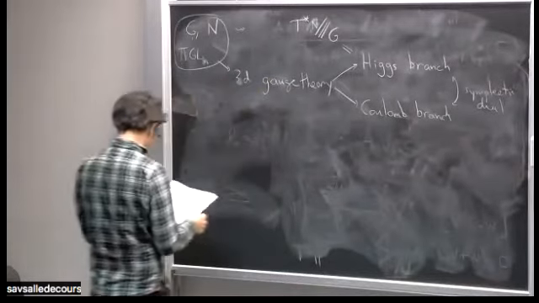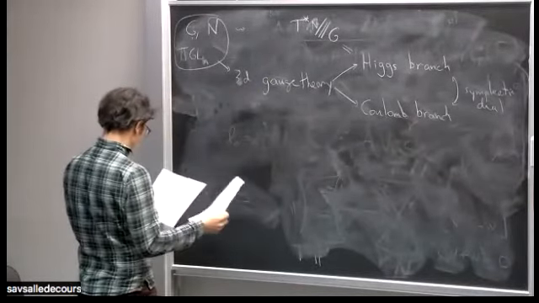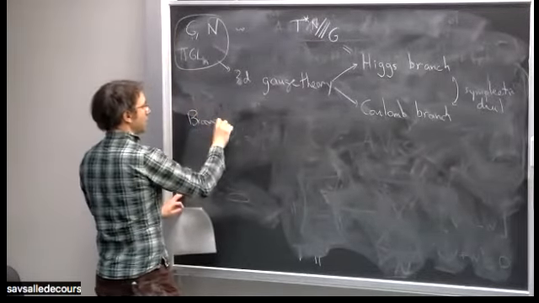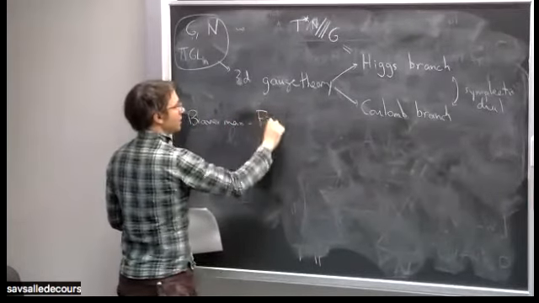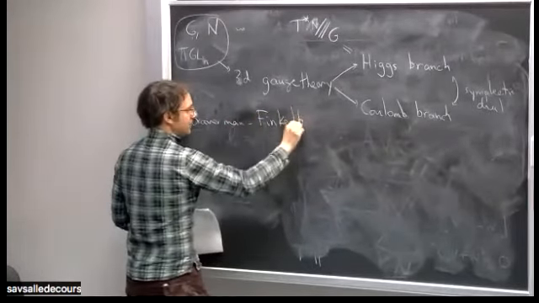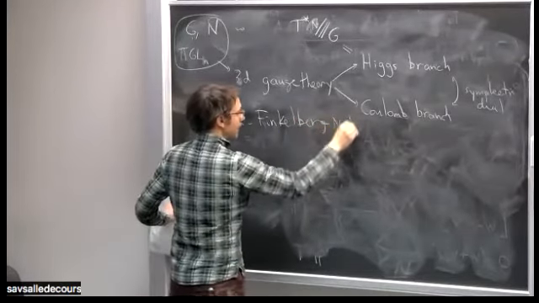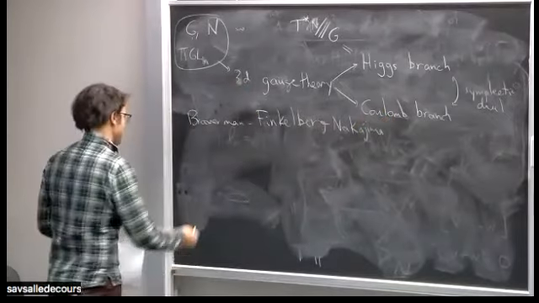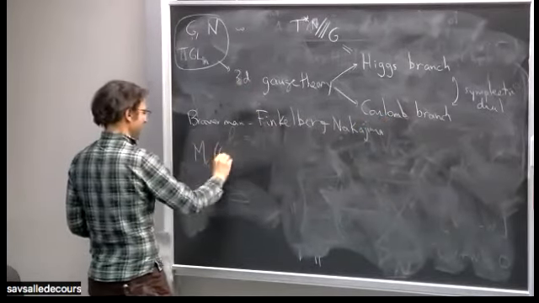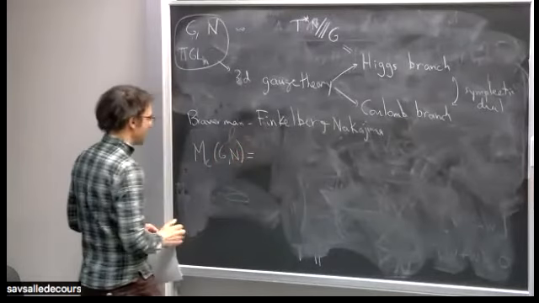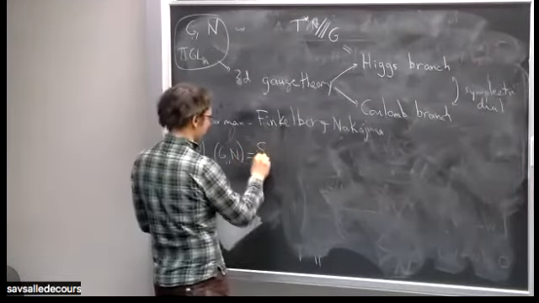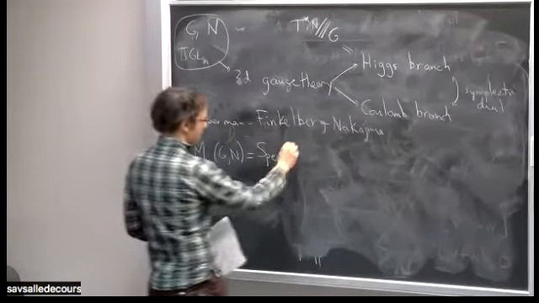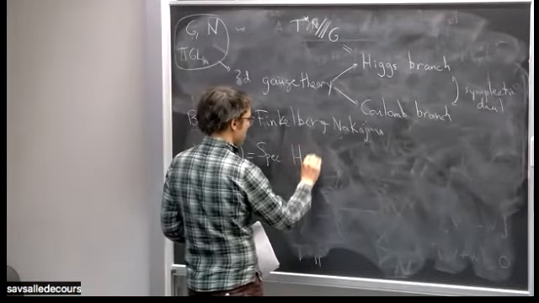So recently means 5 years ago. The work of Braverman, Finkelberg and Nakajima gave a precise mathematical definition of this Coulomb branch. The definition looks a little strange right now, but it's a well-defined thing. It's defined as the spec of some algebra, and that algebra is a homology of some space.